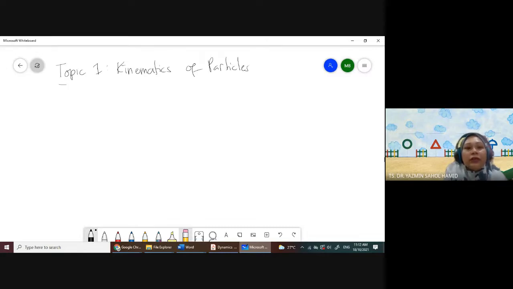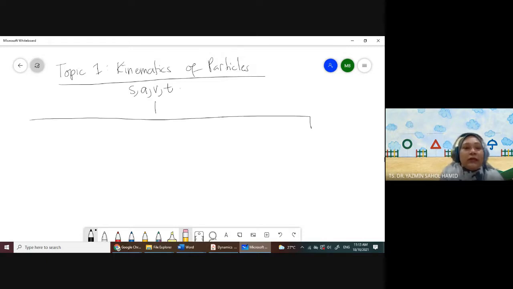As you can remember, kinematics of particles is concerned with the geometric aspects of the motion of a particle, which are displacement, acceleration, velocity, and time. Previously we learned about the three basic kinematic equations.